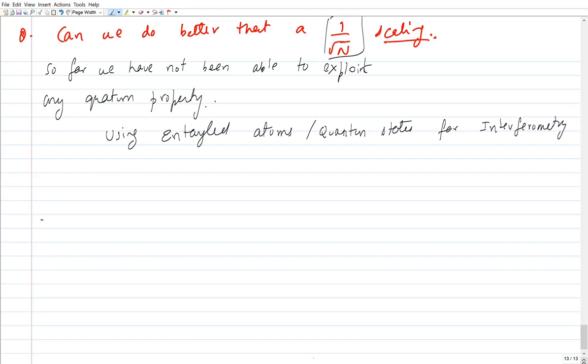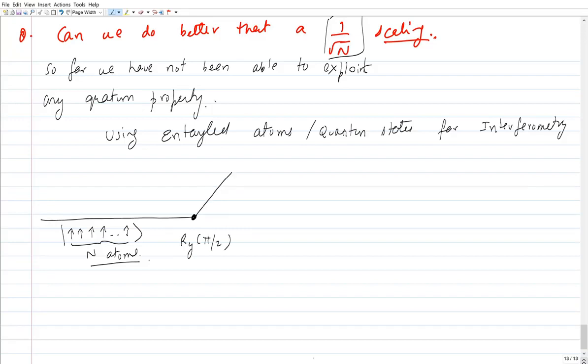So over here I start with n atoms, and all of them are in a product state. Remember the Schmidt decomposition, just the number is 1, and now I apply a pi by 2 rotation to each of them.